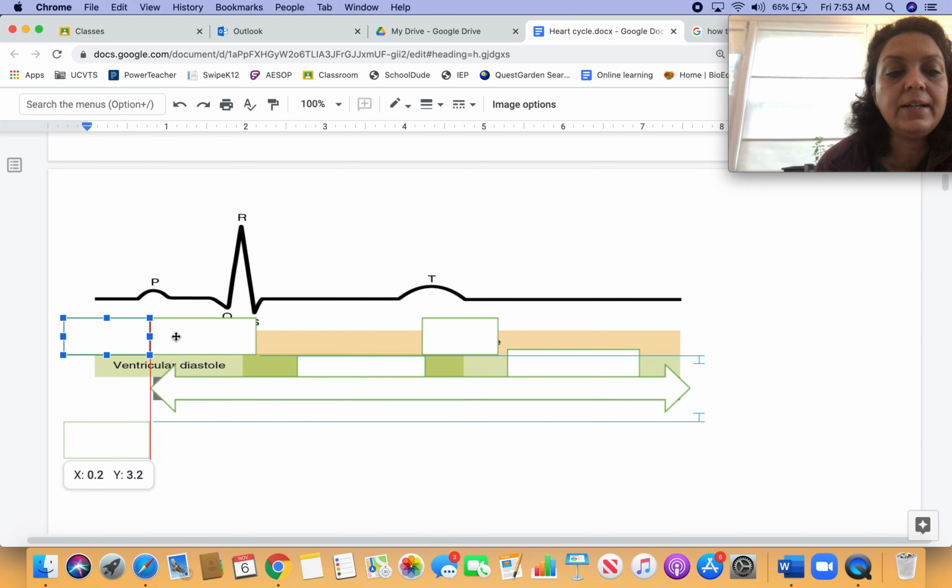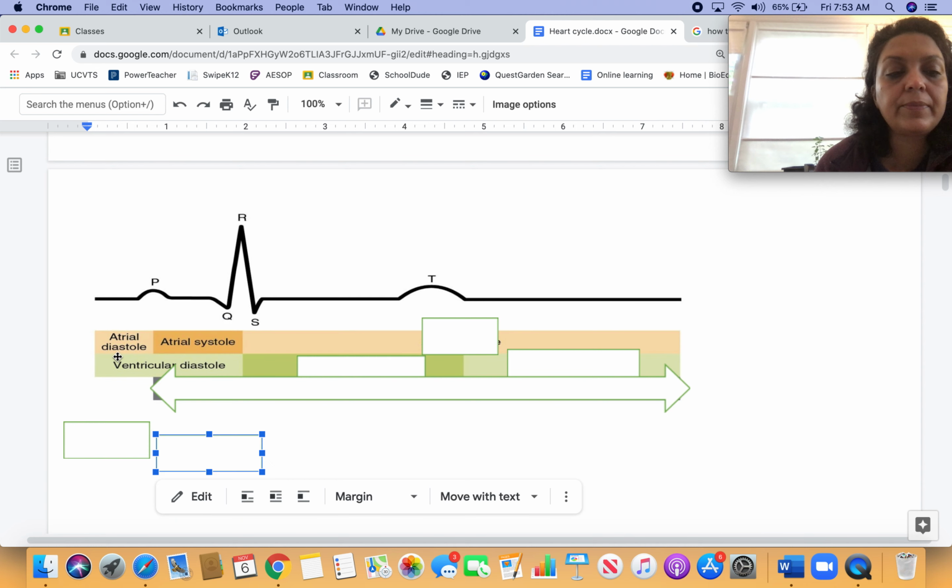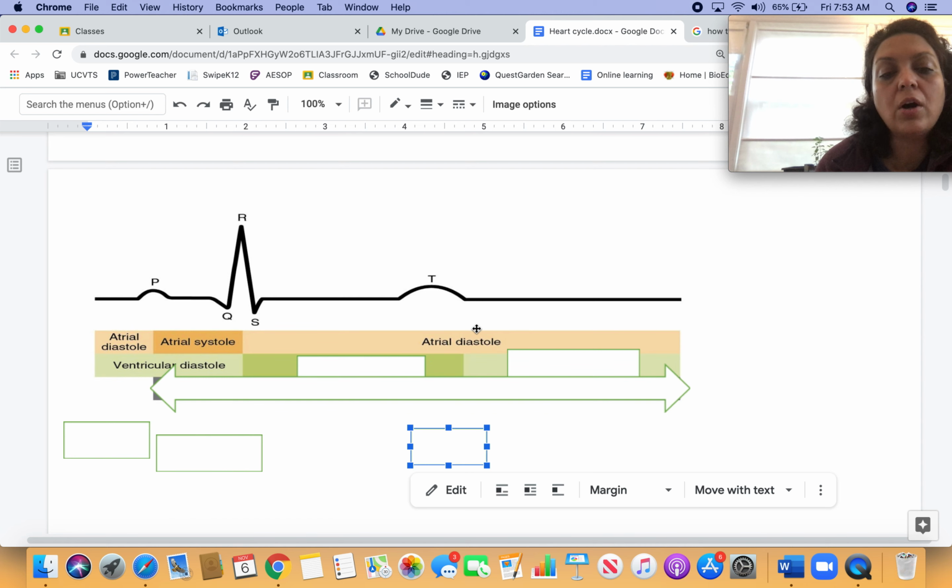As I always said, the atrial phase is the longest phase. The atrium, being at the top and the smaller part of the heart chambers, goes into diastole all the time. Diastole is relaxation.